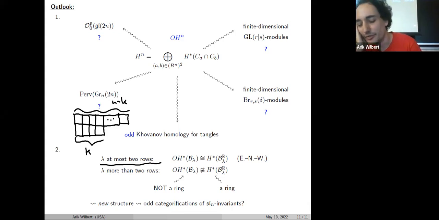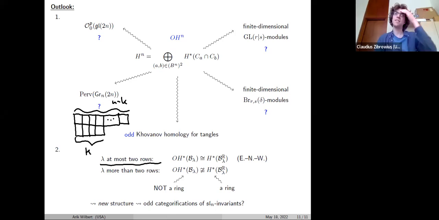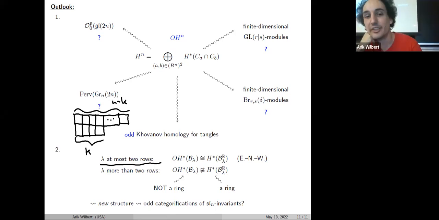I don't know if you see more structure. From my point of view, it's different structure in some sense. It's not that you see more structure, it's just different. It also reflects the fact that odd Khovanov homology distinguishes links which regular Khovanov homology does not distinguish, and vice versa.